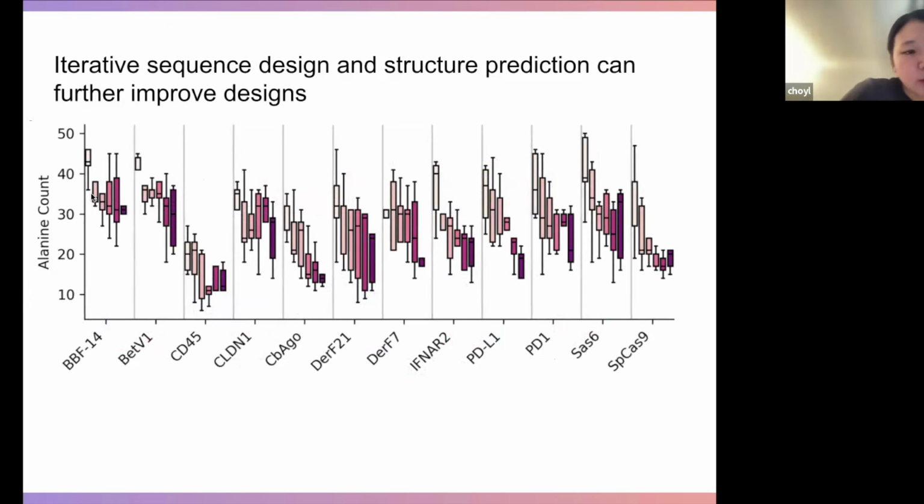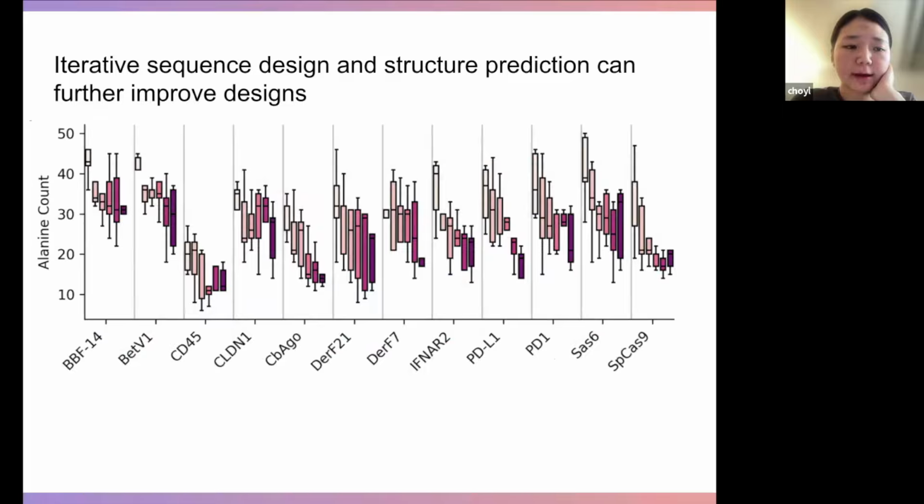I didn't mention here, but this light color on the leftmost part of this box for each target is the alanine count of the redesigned sequence from cycle 0, and this dark color represents the design from cycle 5.